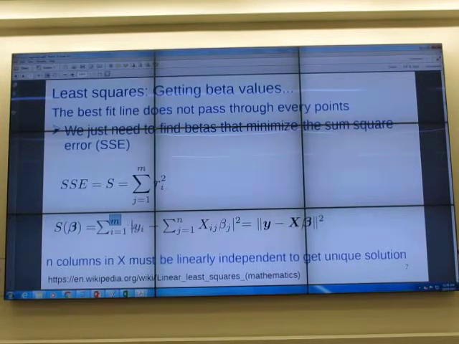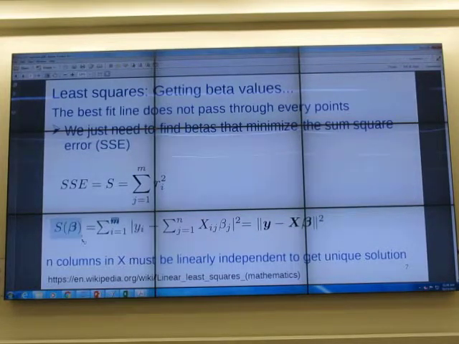Equal to the number of data points. If we have 1,000 data points, we add it 1,000 times. So we compare the model prediction minus the value of point 1. Okay, square it. Plus model prediction minus the value of point 2. Square it, add together. Plus model prediction minus the value of point 3, square, add them together. Do it 1,000 times, or m times.